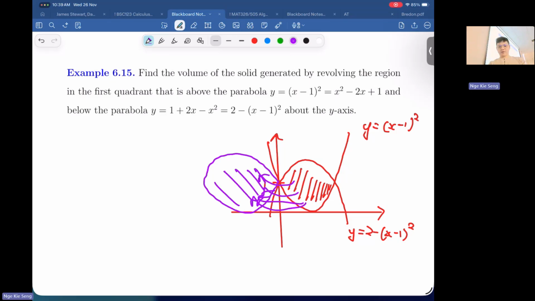Maybe I can introduce one of my home local bakery. Maybe some of you would know. Maybe something like this. Pinch in the middle.